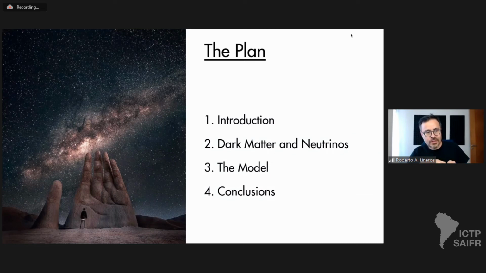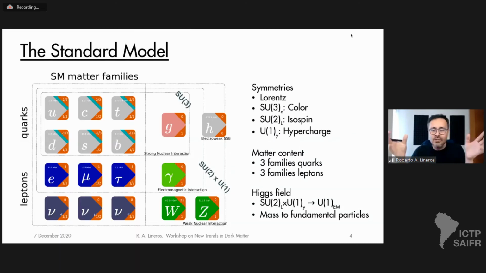Let's start with the very basics. I guess there is no doubt that the standard model is our masterpiece of theoretical construct for particle physics, based on symmetries. Everything we can see in the standard model, all the fundamental particles and force carriers, is based on symmetries that produce such a masterpiece.